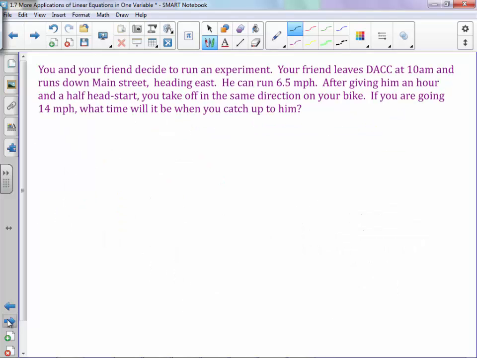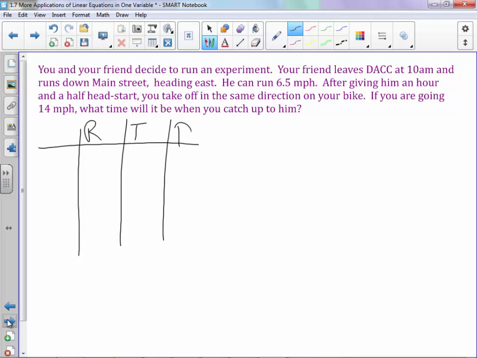Next up is another distance problem. So let's start the same way. We know we're going to have our rate times our time is equal to our distance. Our options here, we have somebody that's running, and we have someone that's biking.